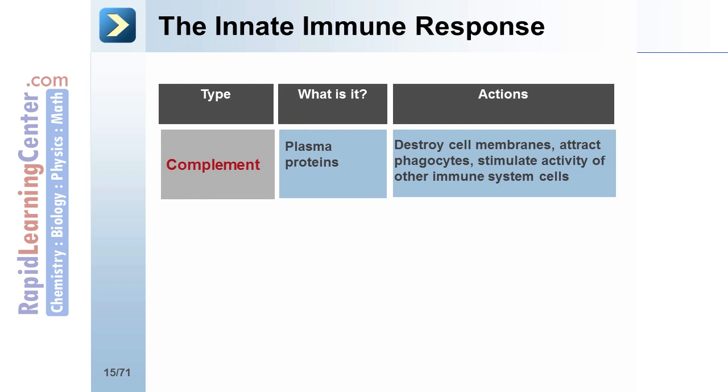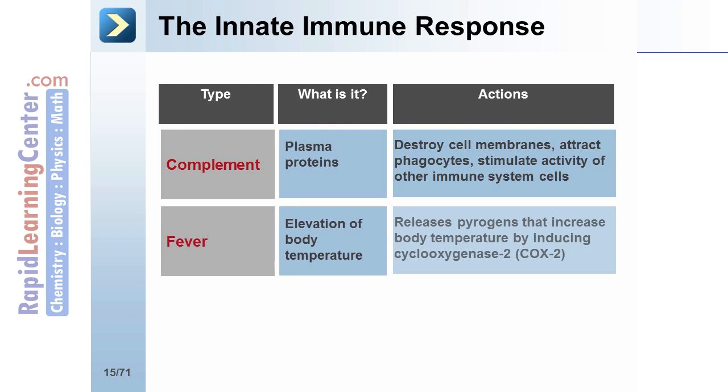Complement is a set of plasma proteins that work together to destroy cell membranes, attract phagocytes, and stimulate activity of other immune system cells. Complement proteins are usually inactive. However, contact with microbes or with specific antibodies can trigger the proteolytic cascade that destroys the pathogen.